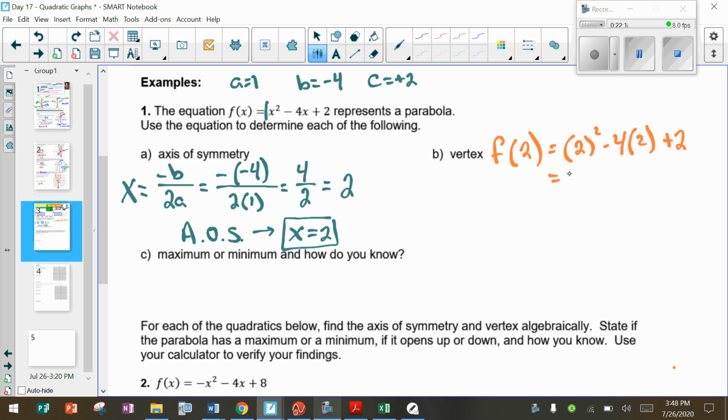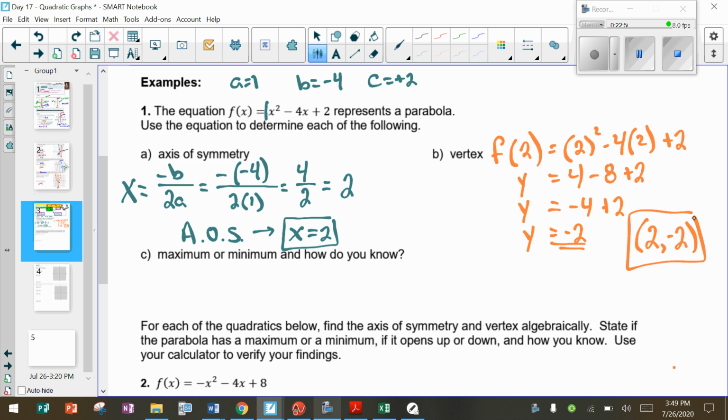Now we can either go to the calculator or just do this by hand. Either way, we end up with negative 2 as the y value. Remember that f of 2 is the same thing as the y value. So that means our vertex is at the point where x is 2, y is negative 2.